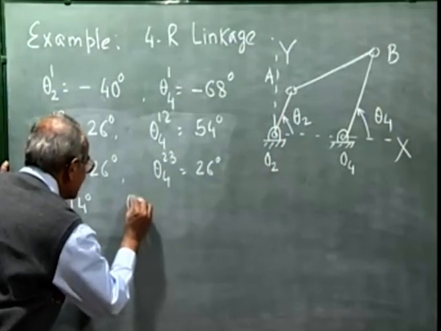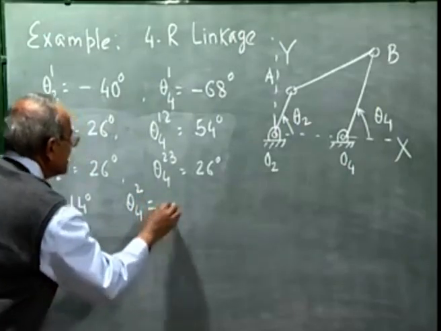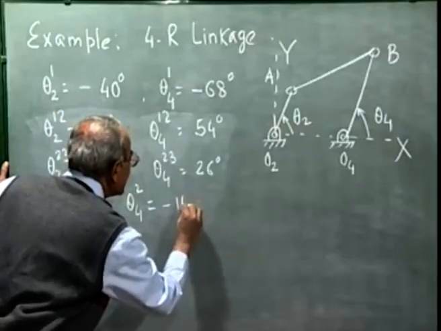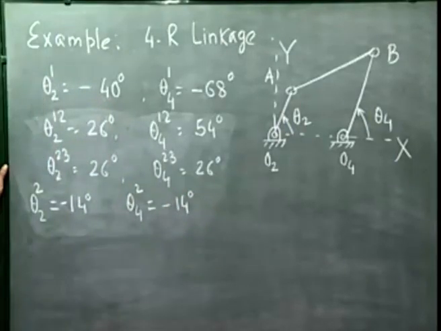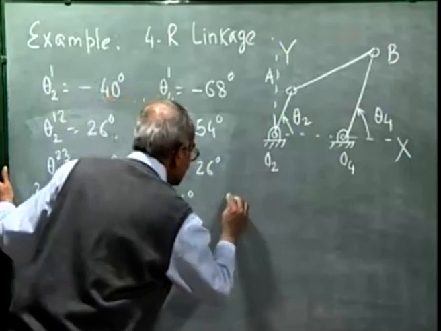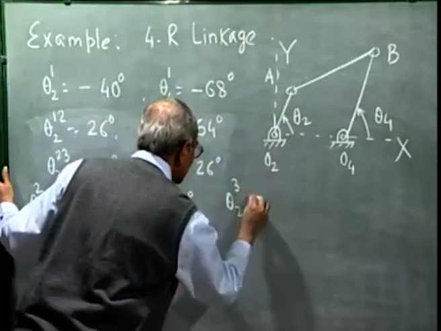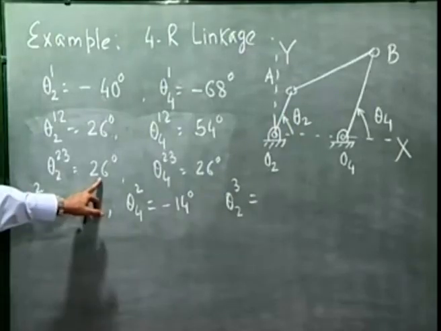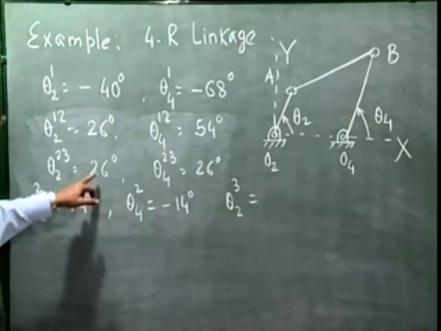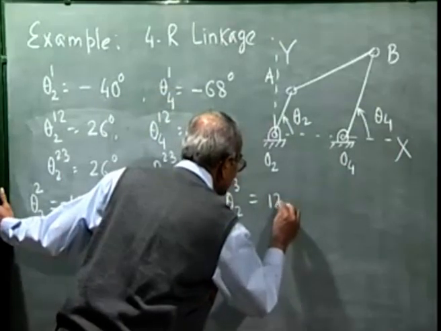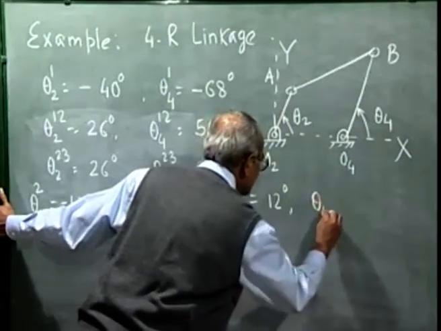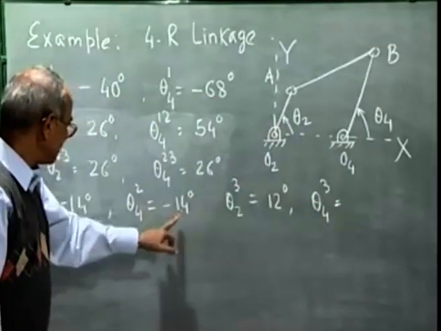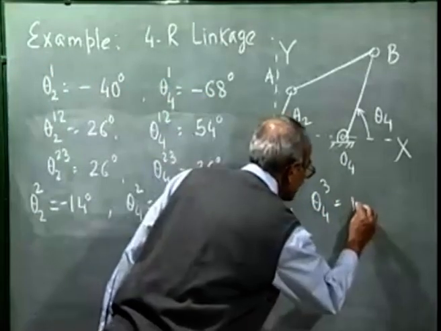And theta 4 2 is minus 68 degree plus 54 degree, that gives me again minus 14 degree. Similarly, theta 2 3 is 26 degree minus 14 degree, that gives me 12 degrees, and theta 4 3 is 26 degree minus 14 degree, that gives me 12 degrees.